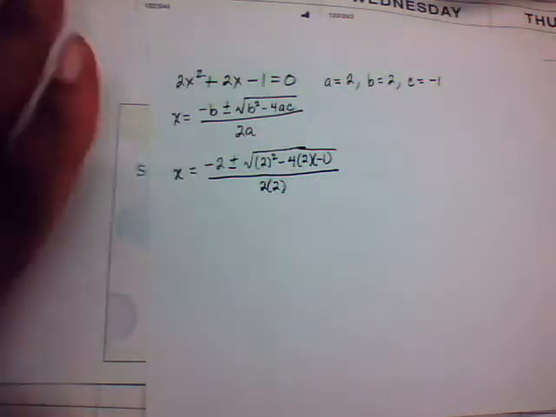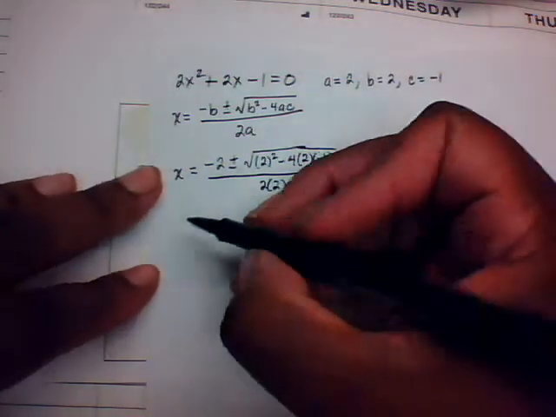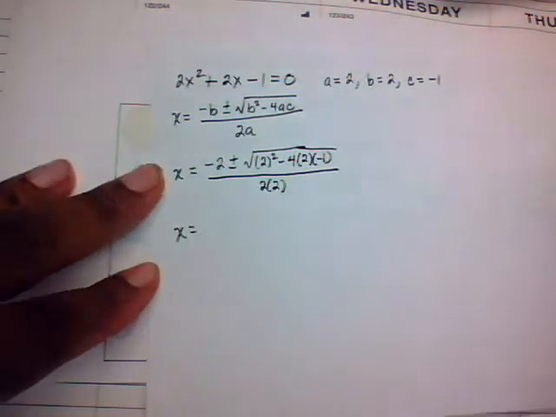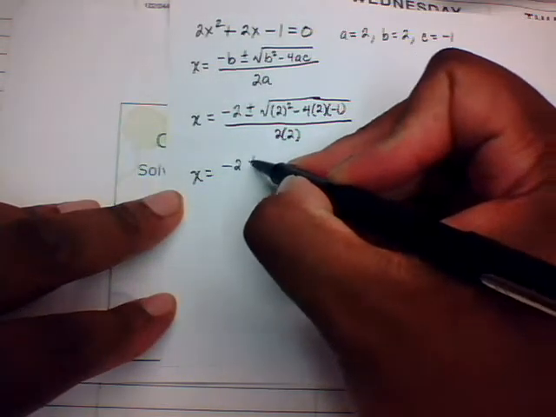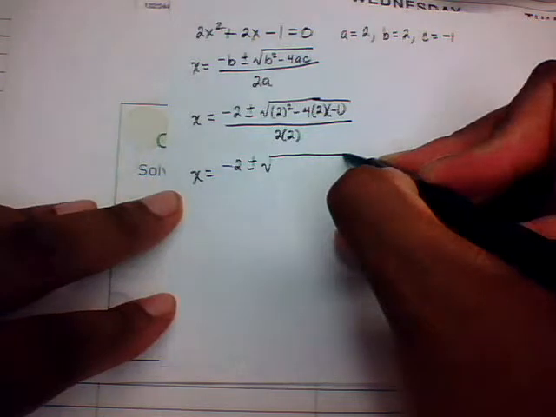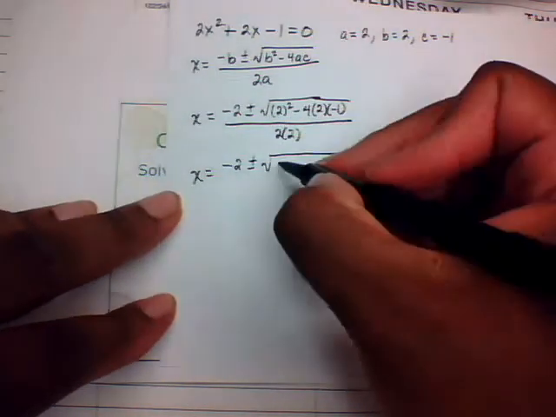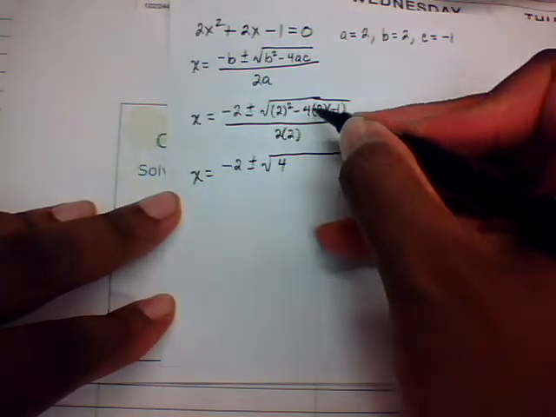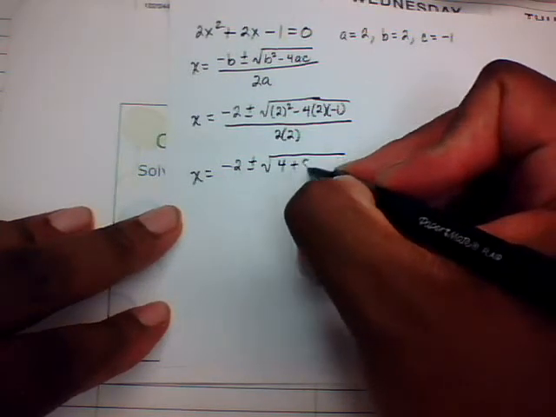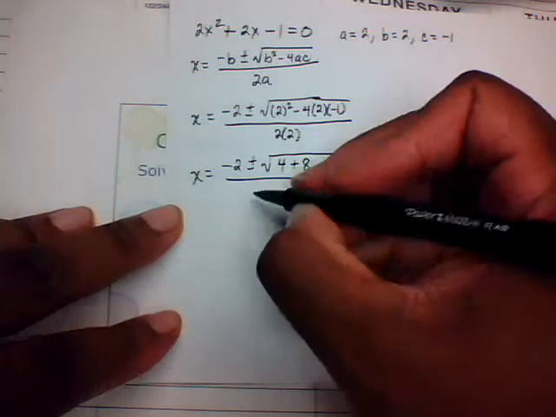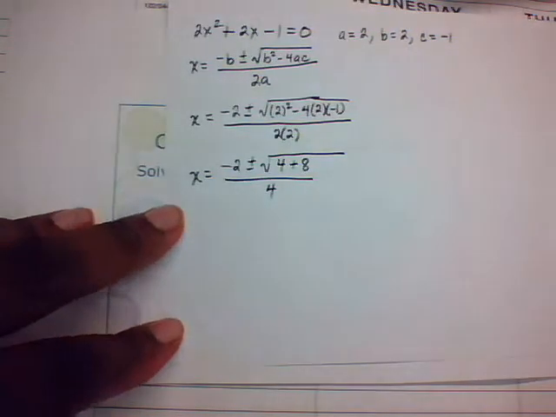Now let's simplify all of this, especially the part that's underneath the radical. Bring down the negative 2 plus or minus the square root of 2 squared, that's going to be 4. Minus 4 times 2, that's a minus 8, times that minus 1 would be a plus 8. All that's over 2 times 2, that's going to give you 4.